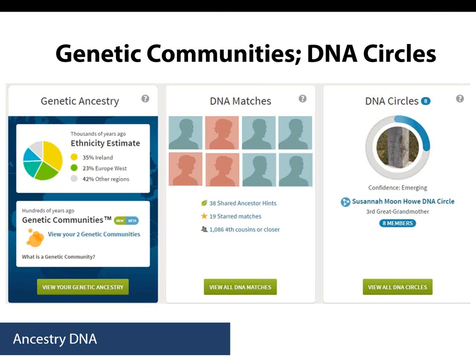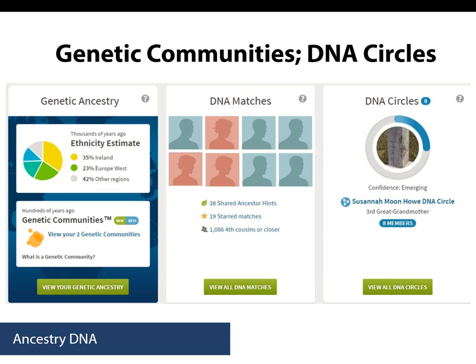Ancestry has features called DNA circles and genetic communities. DNA circles scroll through your matches' trees online to determine the confidence that you might descend from a given ancestor. Because more people are genealogically inclined to have trees online with Ancestry, currently if you were to take only one test and did this for genealogical reasons, I would recommend Ancestry as the best likelihood of having valuable genealogical results, followed by 23andMe, although several people who have tested with 23andMe, and this can be true for other companies as well, may not have taken this test for genealogical reasons.